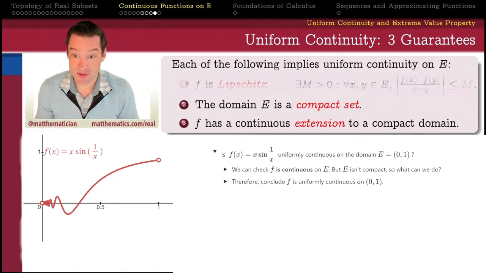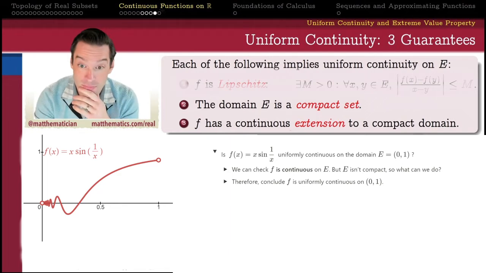So what are our options? What could we try to do to demonstrate that this function is uniformly continuous on the open interval from 0 to 1? Well, when I look at this graph, I see that it has a lot of pretty nice properties. It looks really nicely well behaved on the entire open interval from 0 to 1.